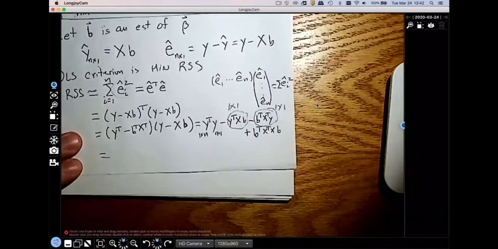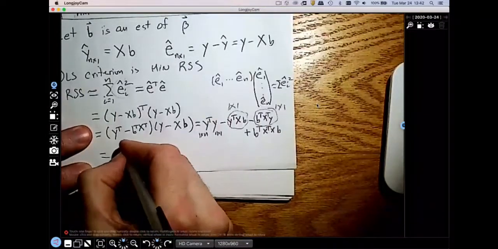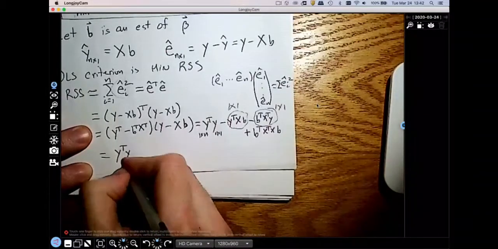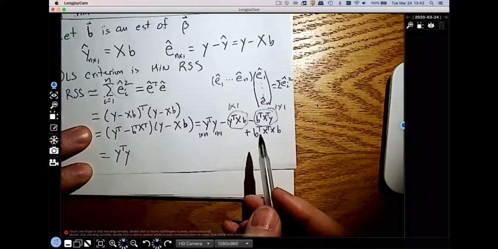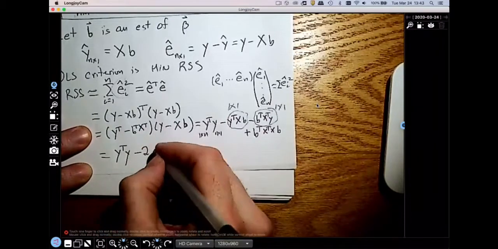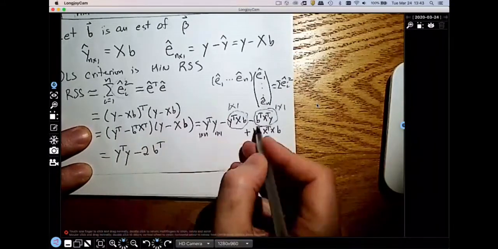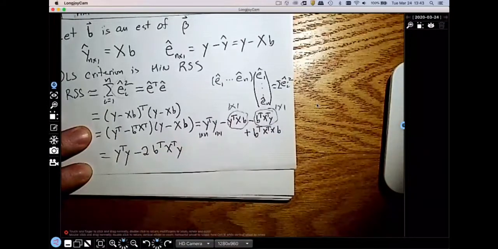So with that noted, we can think of this as y transpose y. That's the first term. These two things are really the same. So this becomes minus 2, and I'm going to use this one, beta transpose x transpose y.